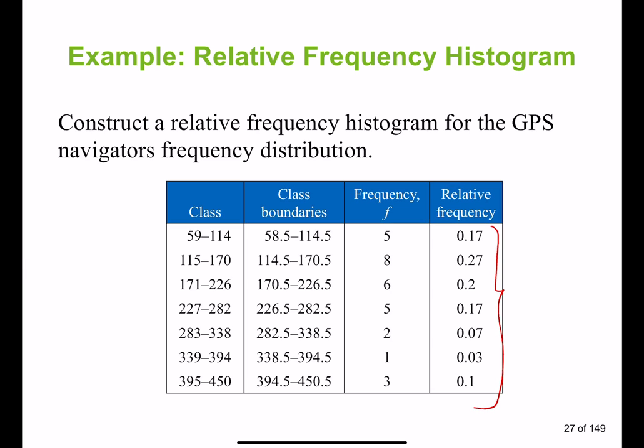The rest we are familiar with, the class width. Here it's going to use bandwidth, so you will also witness how to use class bandwidth. And based on that, we will have relative frequency. Class boundaries we are going to use as the x-axis, and relative frequency we are going to use as the y-axis.